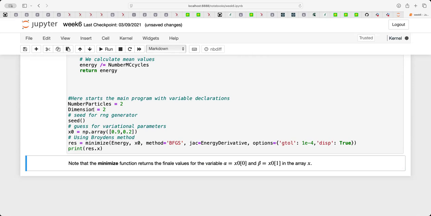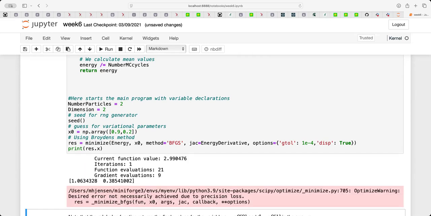Can you see the energy derivative means that you have an energy derivative function of it? Yeah, because this method requires that there is a function for the function itself, which is the energy. So it just returns the value.